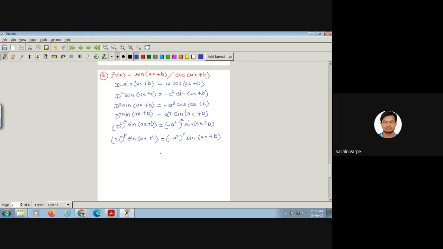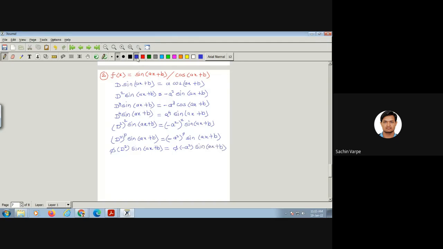Is this point clear, everyone? Yes, sir. So functions of D square give me the functions of minus a square. So I denote the functions of D square as phi of D square, sine of ax plus b will be equals to phi of minus a square sine of ax plus b.